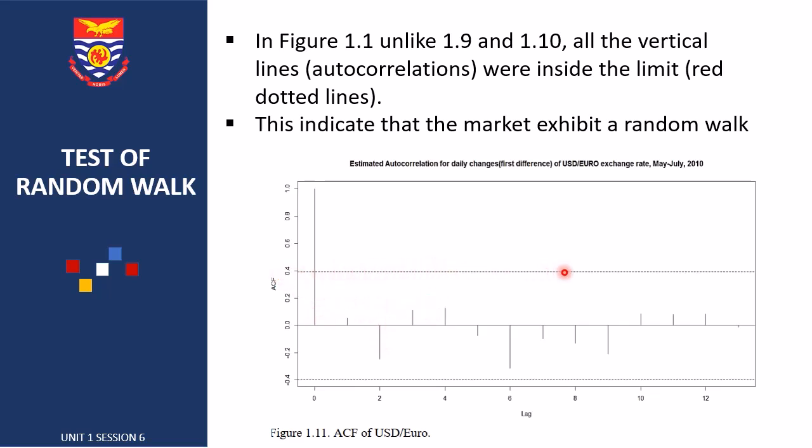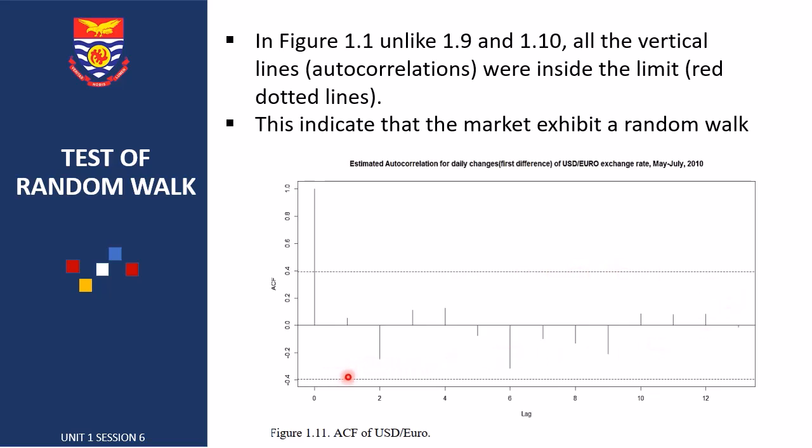These are the boundaries or the limit that was set for the return series. So for us to conclude that the asset exhibits a random walk or has zero autocorrelation or zero serial correlation, we simply want to see these vertical lines found within these boundaries.